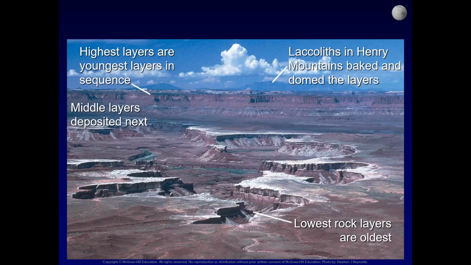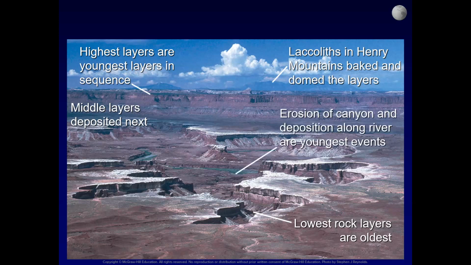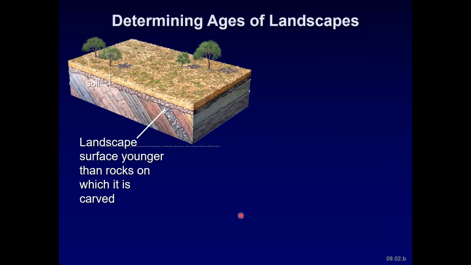After that, we had a lot of erosion to form that canyon, and then deposition of river sediments being the most recent event. But a river really cut through and formed this canyon. So that's kind of a generic explanation of how a canyon could form.